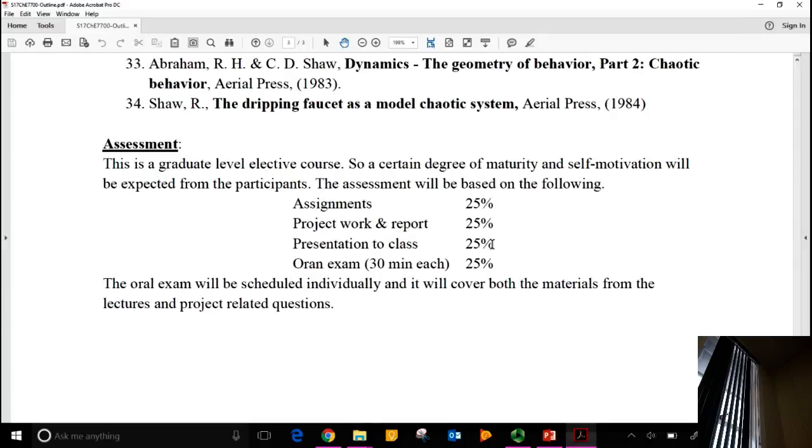I will schedule a series of half an hour meetings with each one of you over a day or 2 towards the end, during the exam period. And there I will explore mostly how much of the concept you have grabbed from the lectures as well as from working on your project.